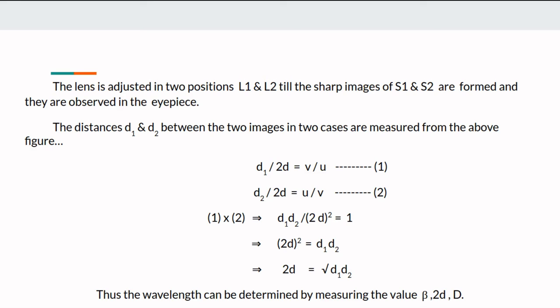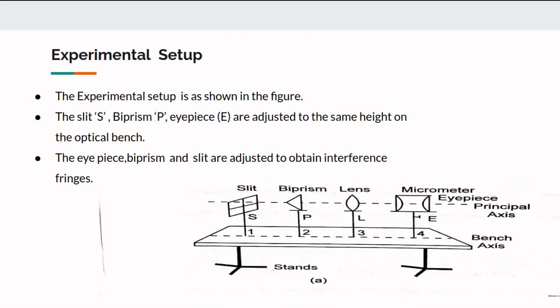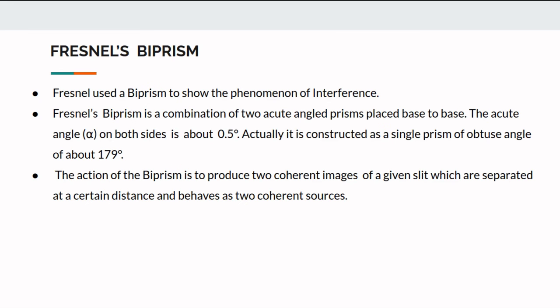I conclude this topic once again. A biprism is used to show the phenomenon of interference. First of all, this biprism was used by Fresnel, therefore it is called Fresnel's biprism.